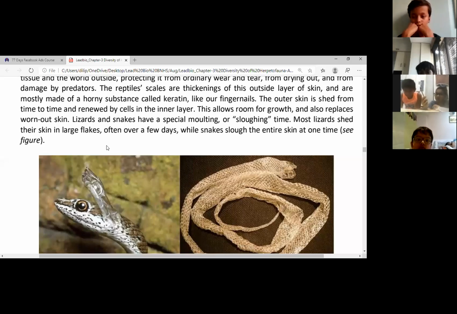Of course, snake skin comes in one piece because a snake's body is straight and they can remove the skin like a peel. Lizards can't do that because they have legs and they have eyes and they have hands. So when they shed the skin, it is in small flakes, and therefore we cannot get one piece of skin. There are some insects also which shed their skins.